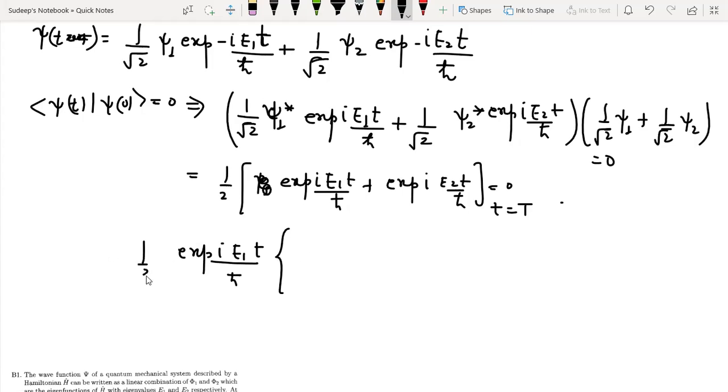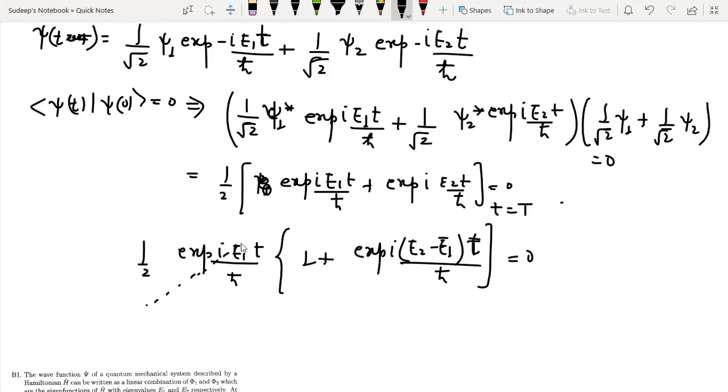And I will simply get 1 plus exponential iota E2 minus E1 times t upon h bar. This should be 0. This particular common factor cannot be 0.